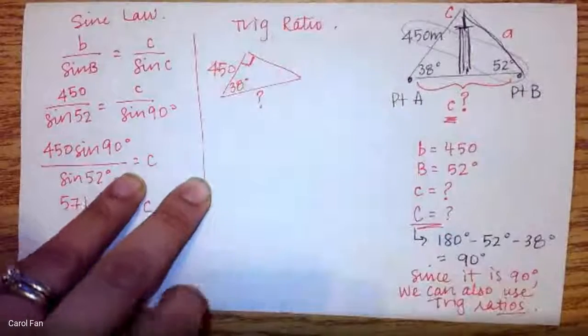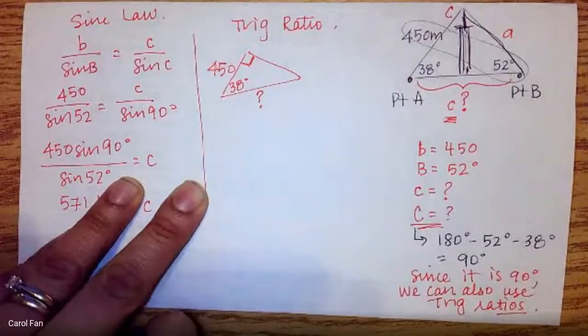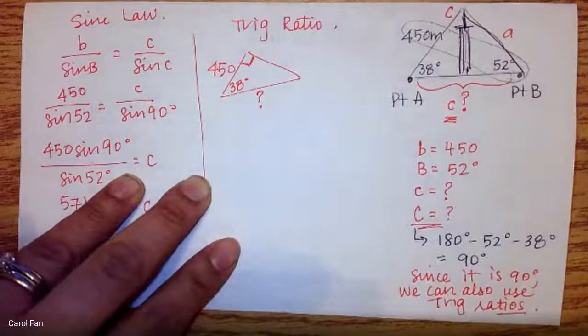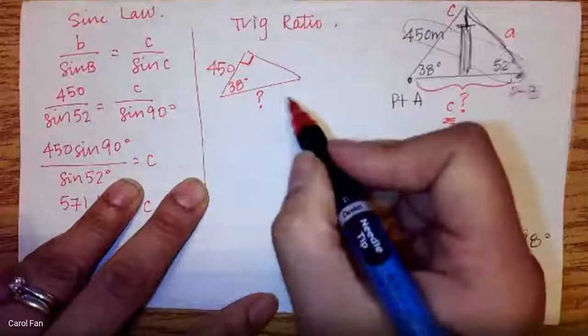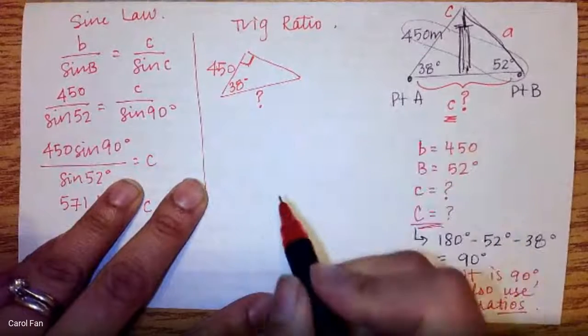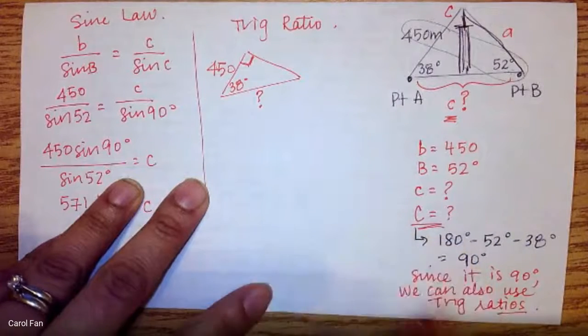I also have 38 degrees there. Now, even though I have two angles, I only need one of them because trig ratios only involve one angle and two sides.